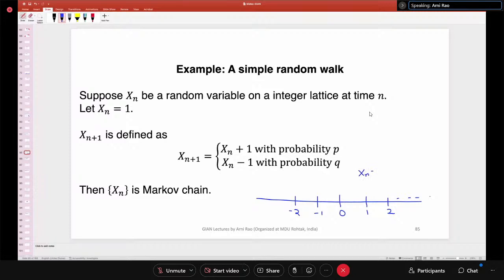Let us start with X0 equal to 1. Then X1 will be equal to either 0 or 1.